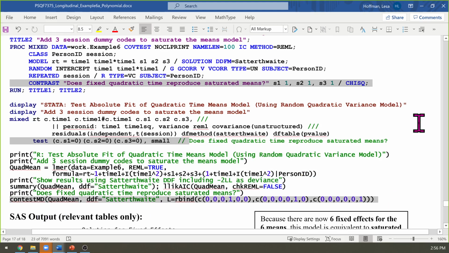What these statements do is lump together a set of fixed effects of your choosing. I'm lumping the 3 new dummy codes to see if they matter. If they matter, then my model doesn't fit. Does it matter which 3 you put in? In this model, no. So I'm adding in the first 3. I'm asking for a joint hypothesis test of those 3 new fixed effects.